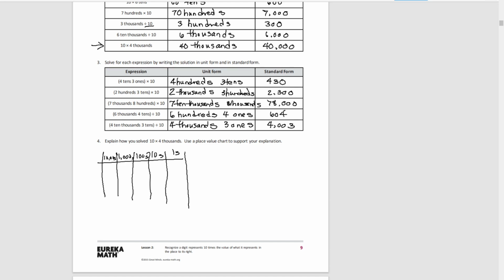And we're going to start with 4 thousandths, and we're multiplying it 10 times.